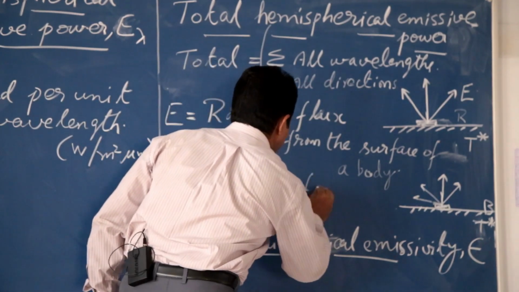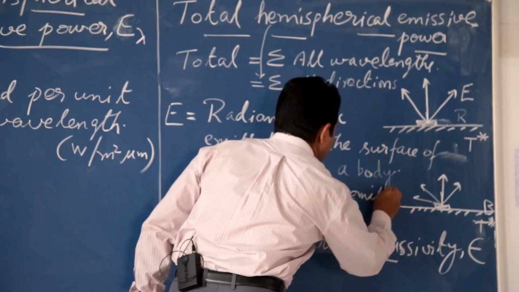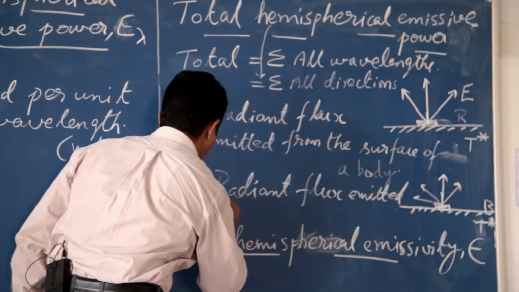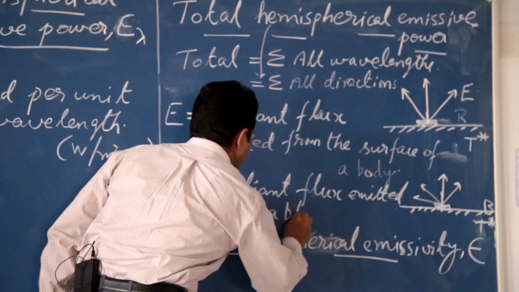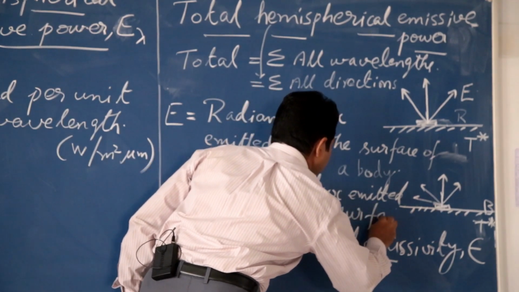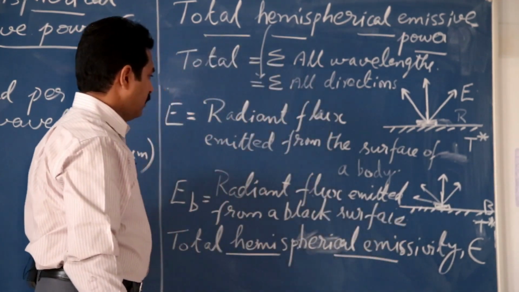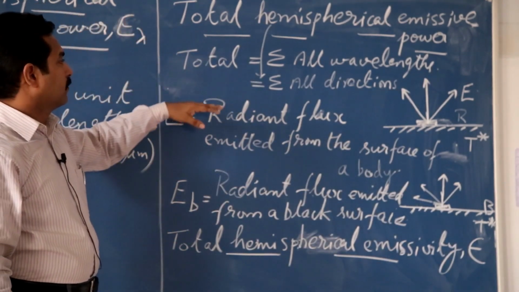Radiant flux emitted from a black surface. So there is a term called total hemispherical emissive power.